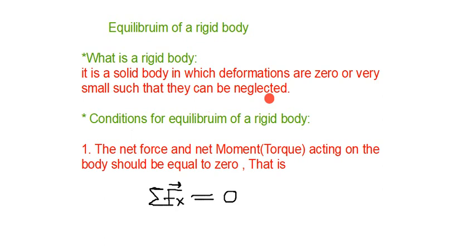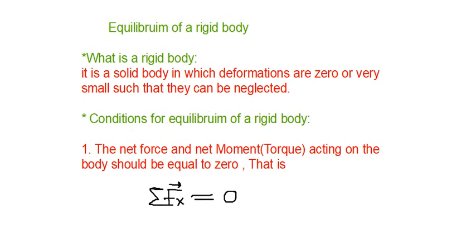So the body is either moving at constant velocity and angular velocity, or stationary. That is it. There's nothing else besides that. For a body to be in equilibrium, it's either stationary or it is moving at a constant velocity or angular velocity.